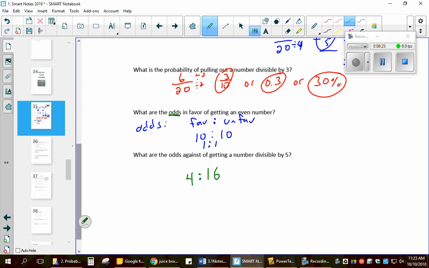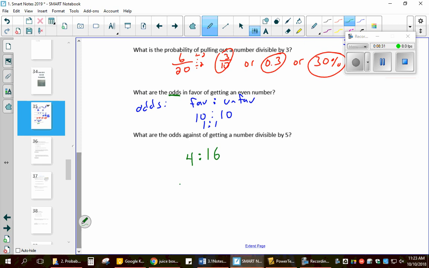Okay, so the odds against, right? The odds against here is just going to be flipped around the other way. So this would be in favor of. The other way of looking at it is 16, dot, dot, 4 would be the odds against. Let's write down what we did here too.